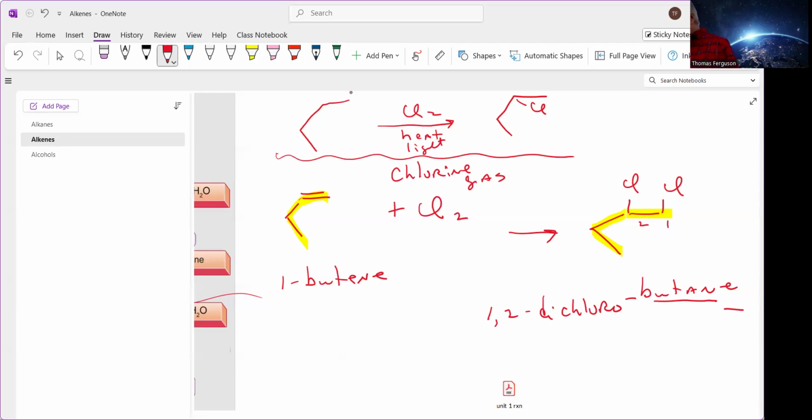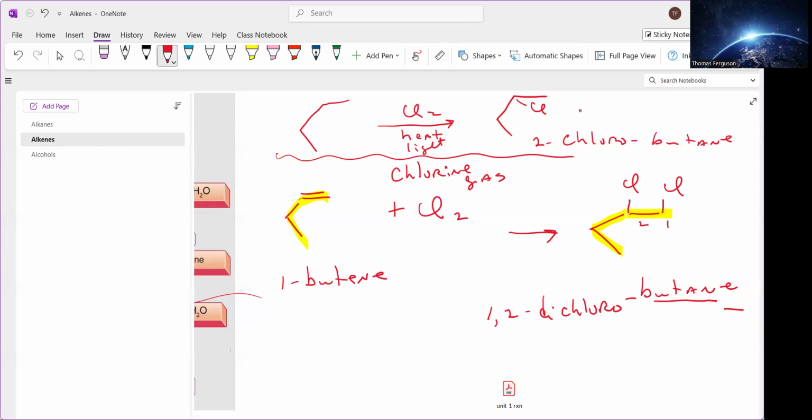And then our product is going to be 2-chlorobutane. Now look at the difference between upper and lower. One, we're adding to an alkane. Notice we have to add energy, because that alkane is pretty stable to start with.